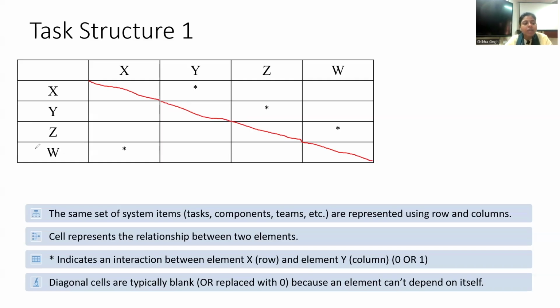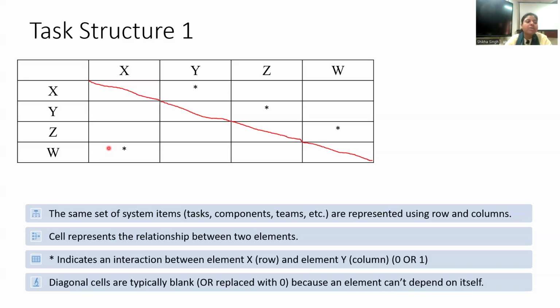And then one important thing to notice here: there are stars marked in different cells. How do we read it? What information do I get from this matrix?